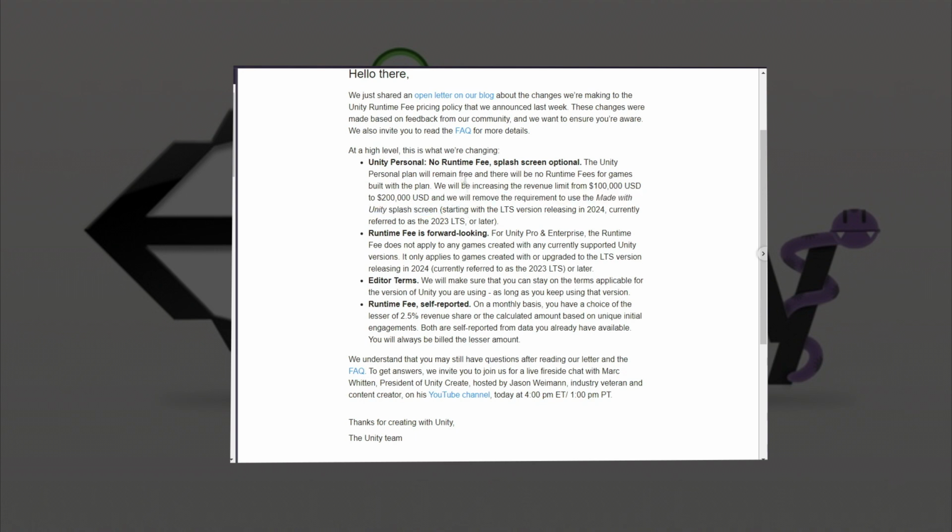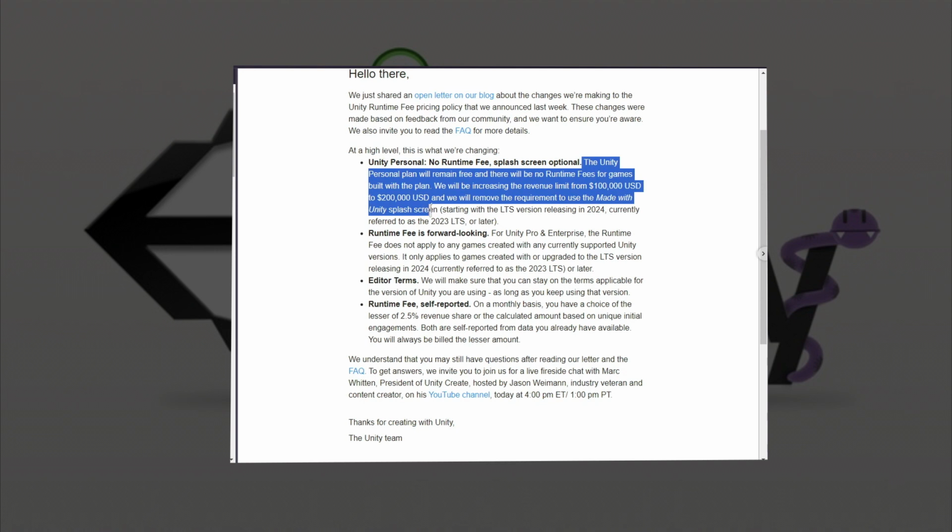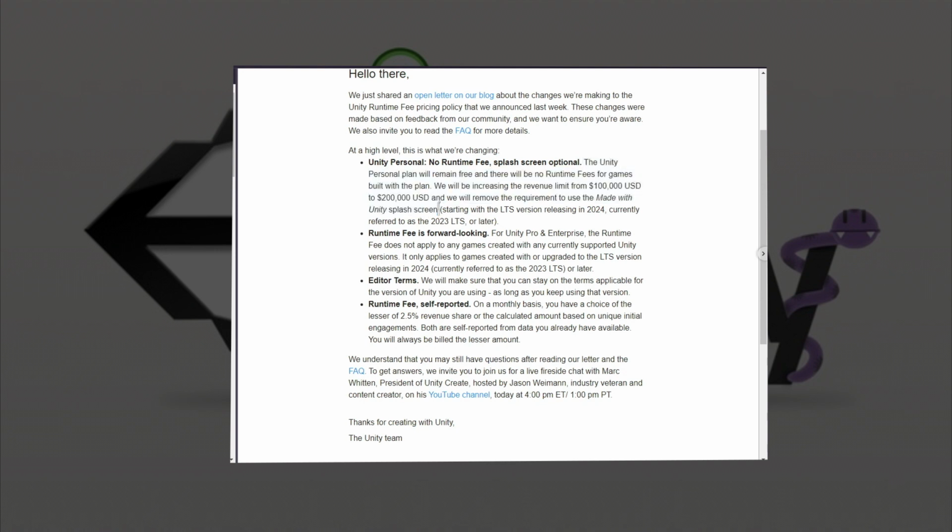So with all these goodies, they're also making it optional to use the Made with Unity splash screen, starting with the long-term support release in 2024, currently referred to as 2023 LTS, long-term support, or later.